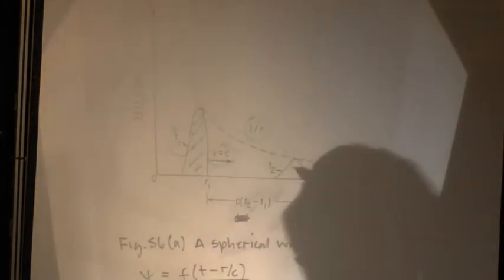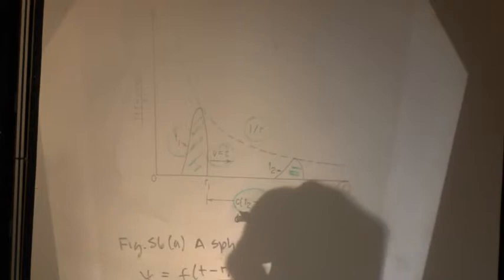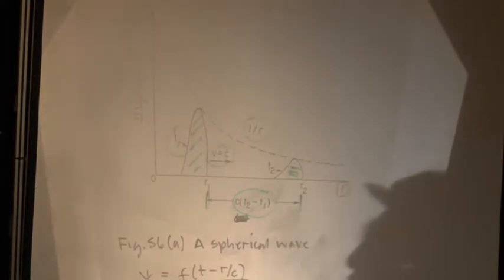Well, because of the 1 over r dependence, if I take a snapshot of the whole wave at t1, and at t2, of course, it's moved this distance. Between the time of the two snapshots, it's moved from R1 to R2. But unlike our plane wave, it's decreasing in amplitude. And because of the 1 over r variations, also getting slightly distorted as well. Because 1 over r here is not quite the same as here.